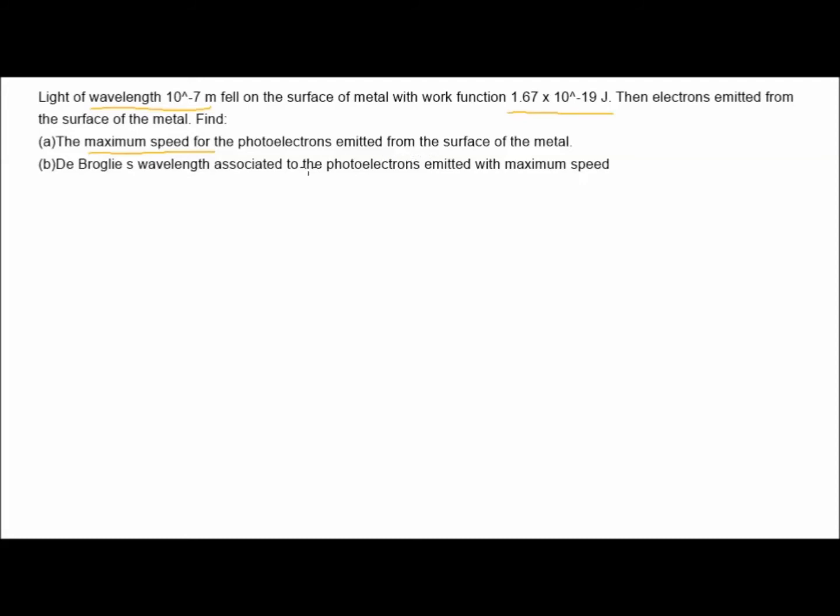And how can we find the maximum speed? From the formula of Ke max. Ke max is equal to half mv squared, and also Ke max equals hf minus work function.